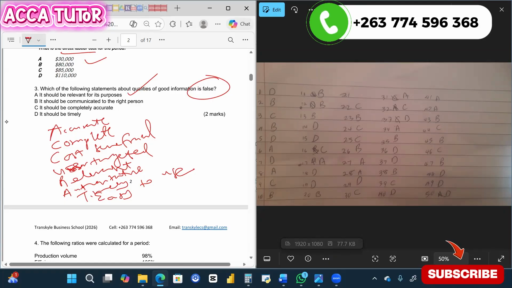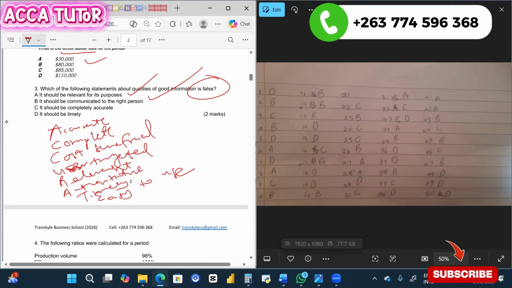I don't want you guys to be confused. A is true, but the question wants us to pick that is false. So you need to learn to follow instructions. Good. B, it should be communicated to the right person. Yes, user targeted.